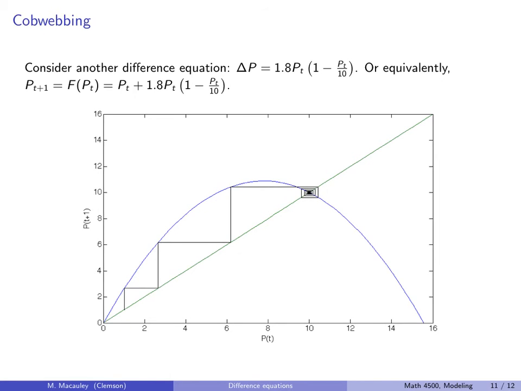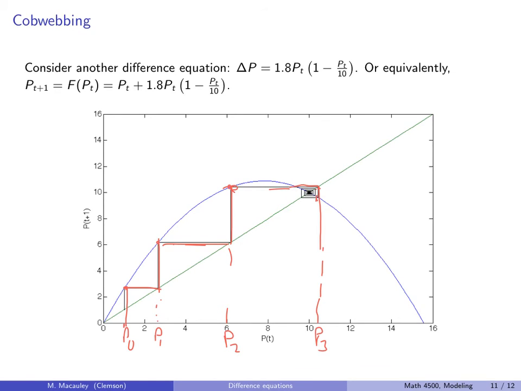if you start down here, say this is P0, what happens is, P1 is this, which on the x-axis is down there. P2 is this height, which if you bring it down to the x-axis is down there. P3 is this height, and so forth. You can bring it down here, P3, and then so forth.